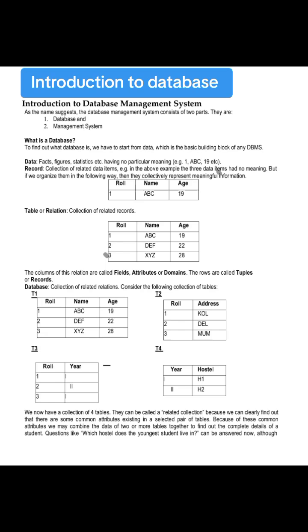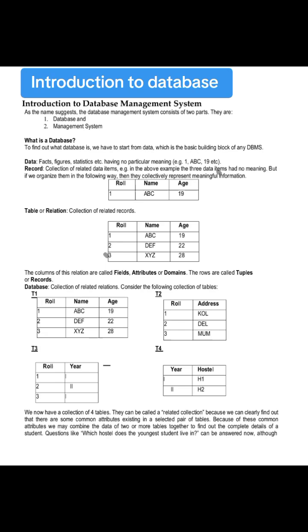The columns in the database are called fields, attributes or domains, and then the rows are called records or tuples.